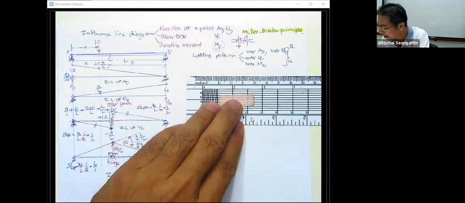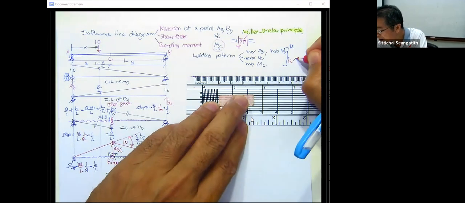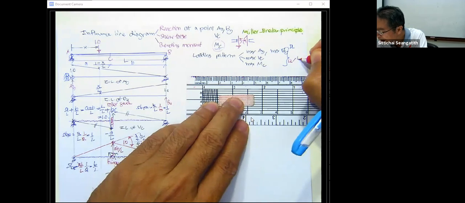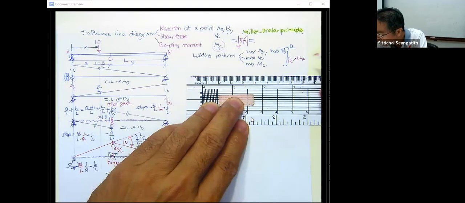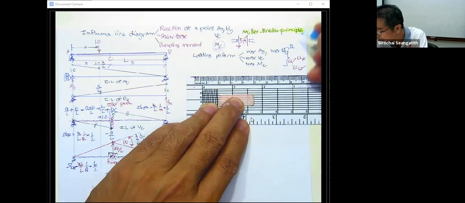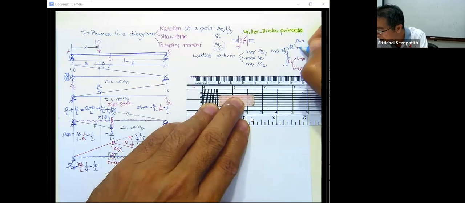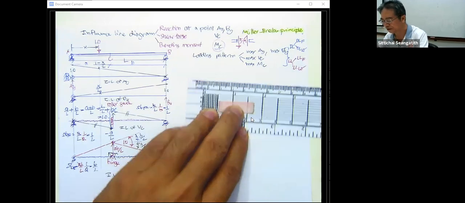Okay, and then again, I should say that there are live loads of the concentrated force or point load, and the live load for the uniformly distributed load. And the dead load also has a dead load of the point load and the dead load of uniformly distributed load.